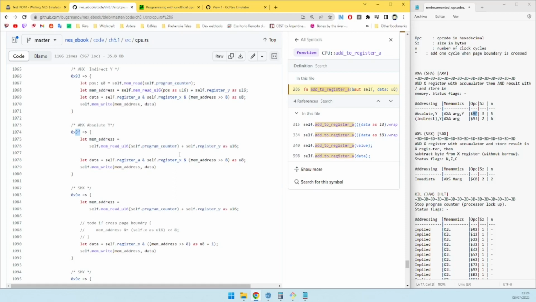But AXA, absolute Y and indirect Y, and it uses the X register in the AND. Mem address 8 and store in memory. I see.